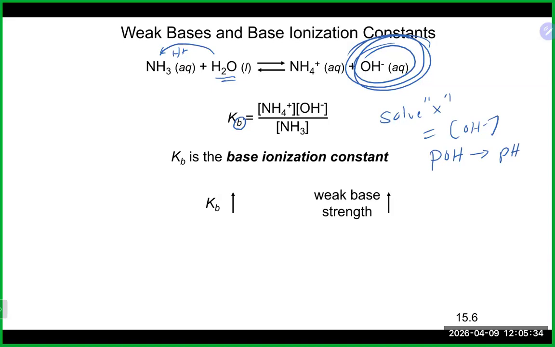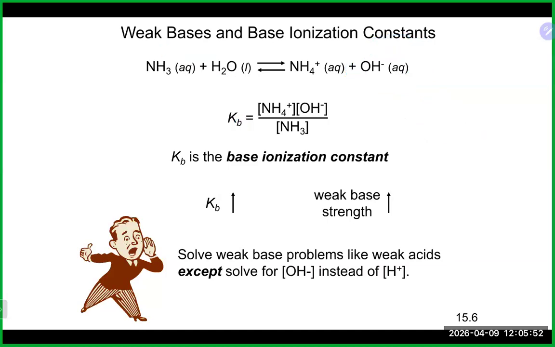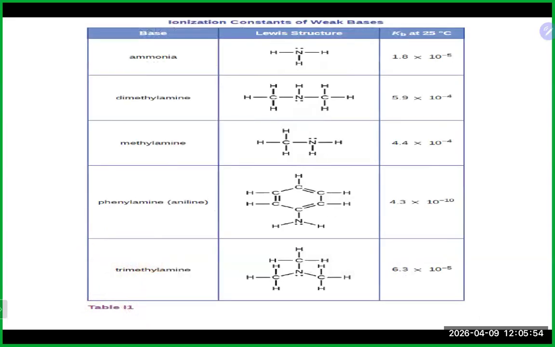Again, a strong base is going to be way stronger than any weak base, but in comparison of two weak bases, I could use the Kb value to compare them. Any questions on that? Again, you're solving for the OH minus rather than the H plus in this particular case.